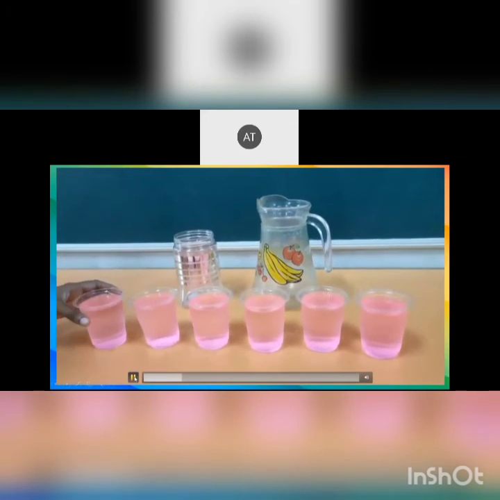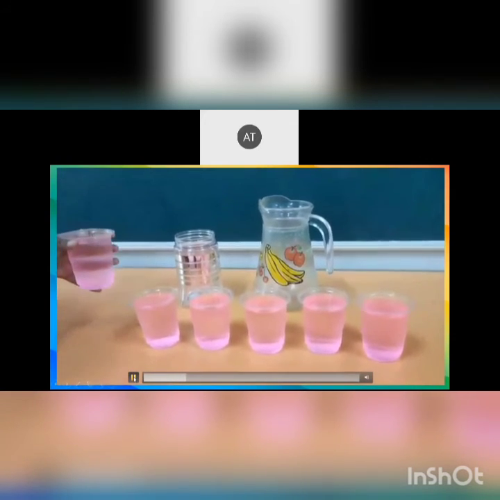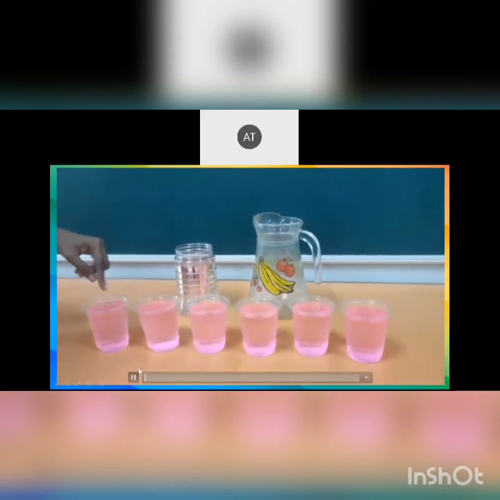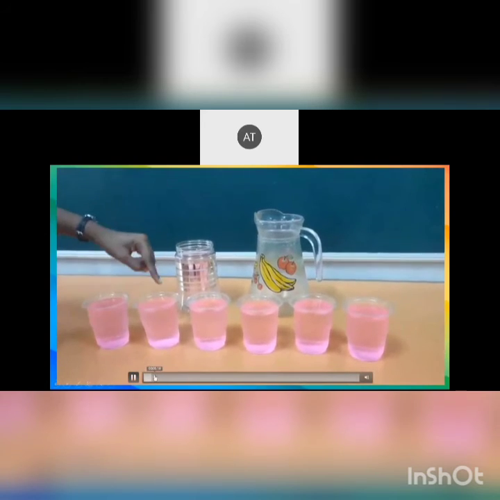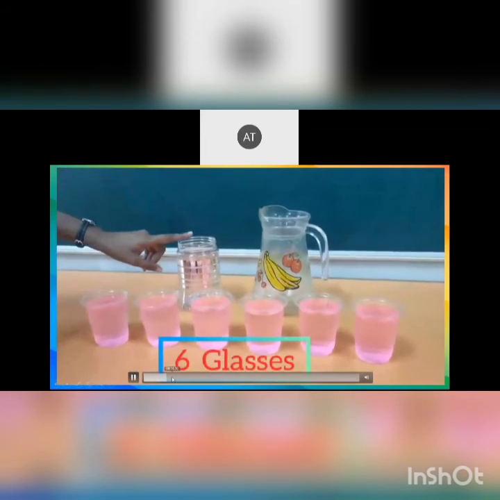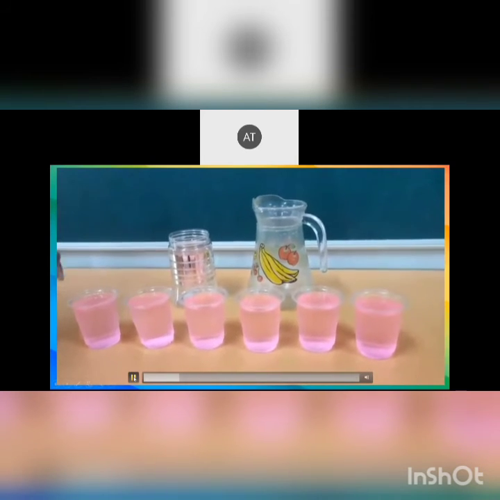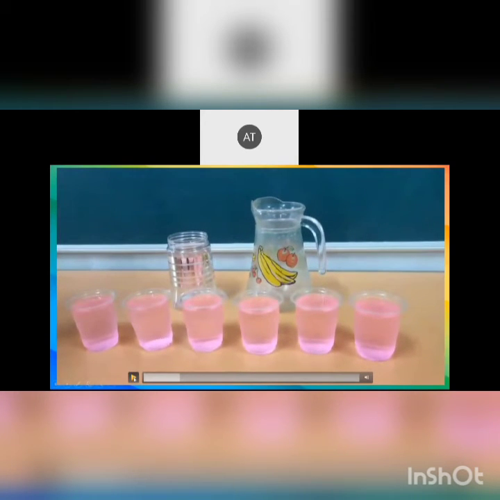First, ma'am is going to pour the first glass. Let me count it as 1. Okay, I want all my children to count along with me while we are pouring the glasses of juice.